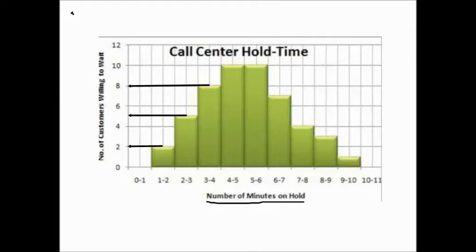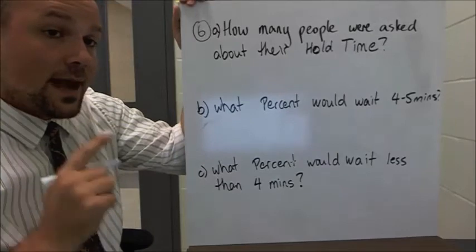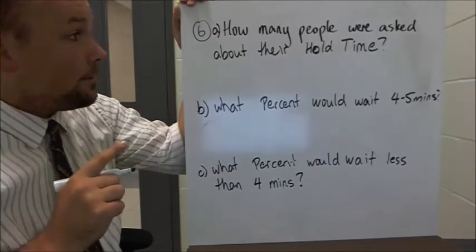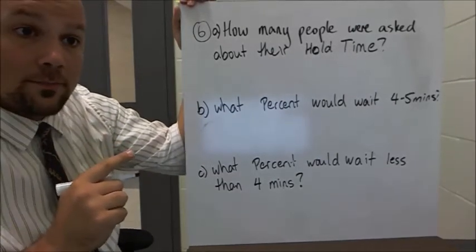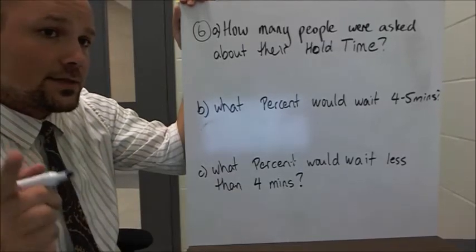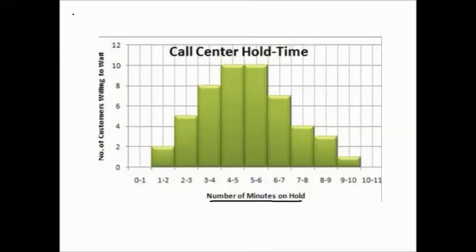The first question asks, how many people were asked about their hold time? Let's look at the chart. For 1 to 2 minutes, there were 2 people. For 2 to 3 minutes, 5 people. For 3 to 4 minutes, 8 people. For 4 to 5 minutes, 10 people.